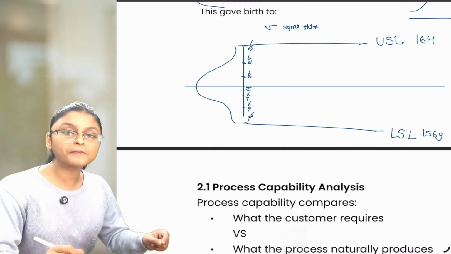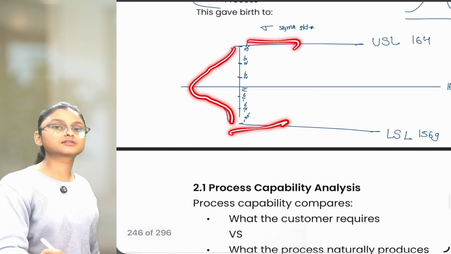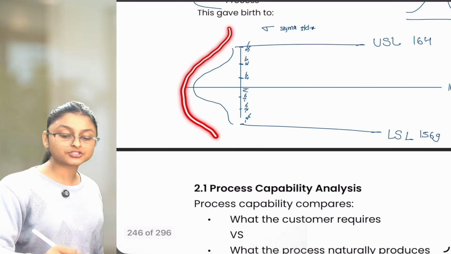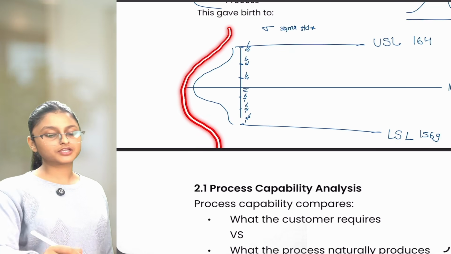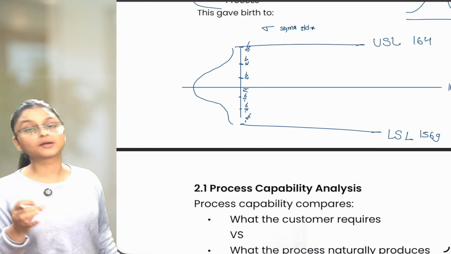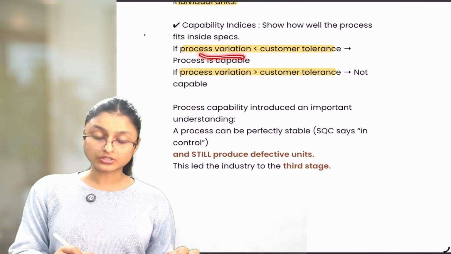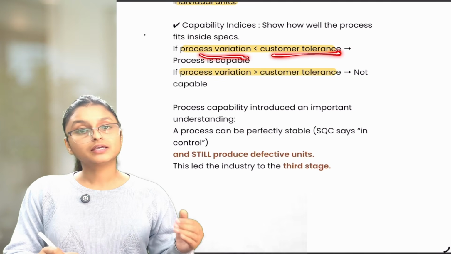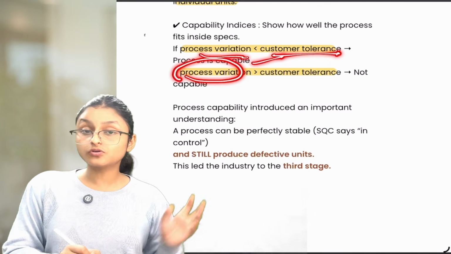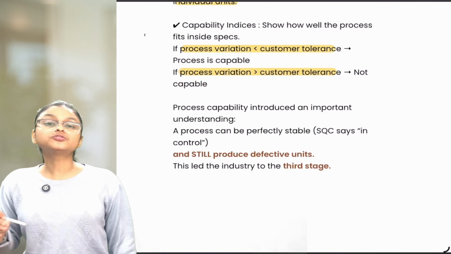So if your mu plus minus 3 standard deviation is inside your specification limits, that means your process is capable. But if mu plus minus 3 standard deviation goes outside the specification limit, then your process is not capable to fulfill the requirements of the customer. This is what is written here. If process variation, that is your natural tolerance limit, is less than customer tolerance, good enough, process is capable, but if it goes outside the specification limits, then your process is not capable.